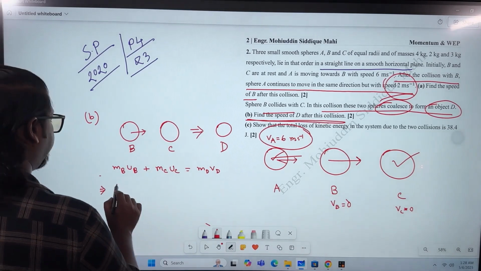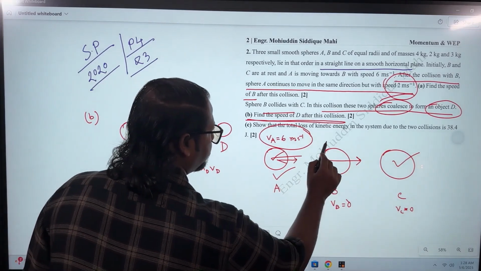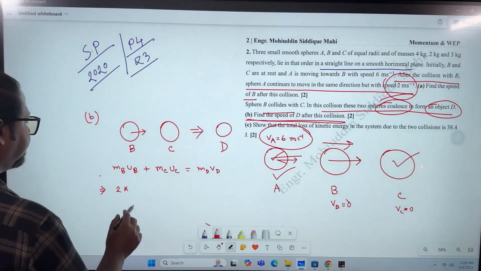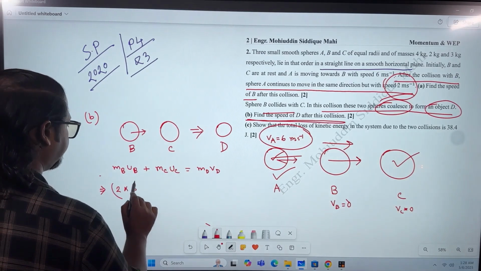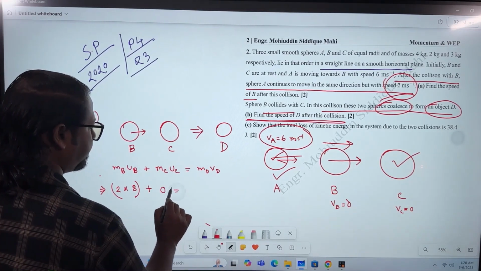Mass of B 2 kg. After collision with A, B was moving with the speed of 8 meter per second that we have found out in A. So that's 8. C was stationary, so the momentum is 0.